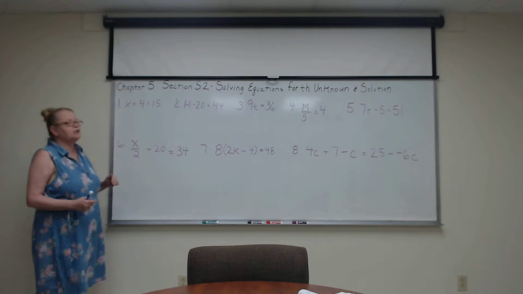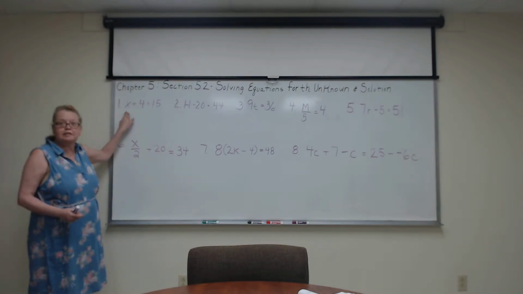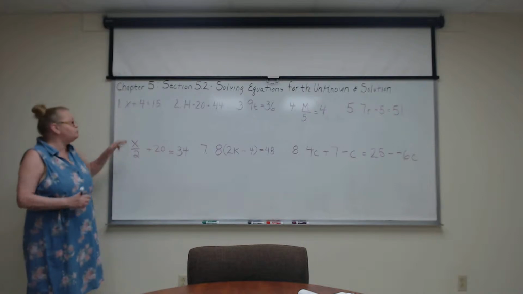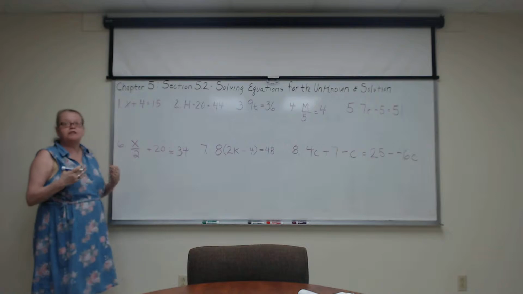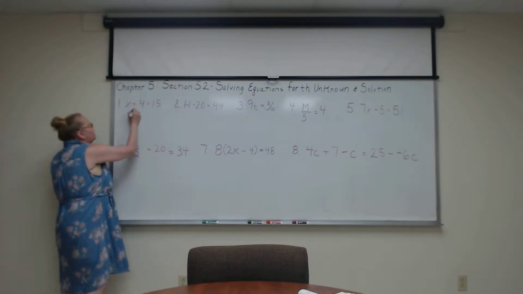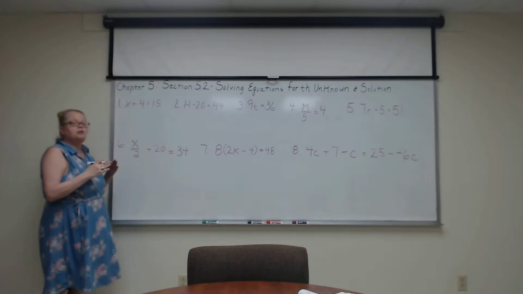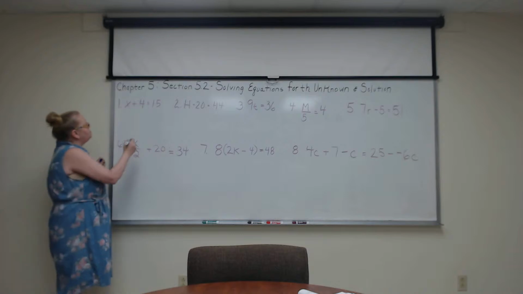So if we take a look at this, we need to get rid of this 4 so that our variable can stand on its own. How do you do that? Well, what you have to do is the inverse or opposite operation that it talks about in your textbook.